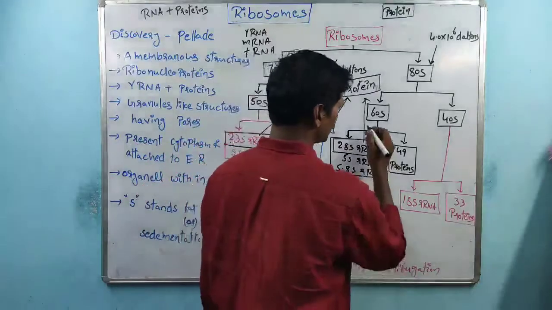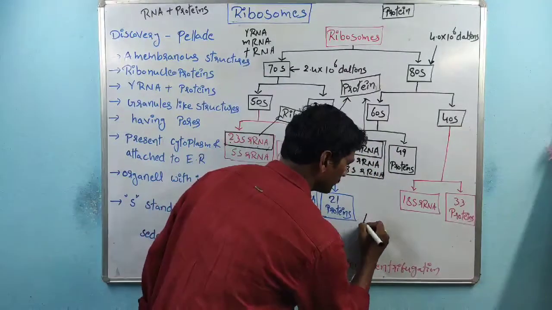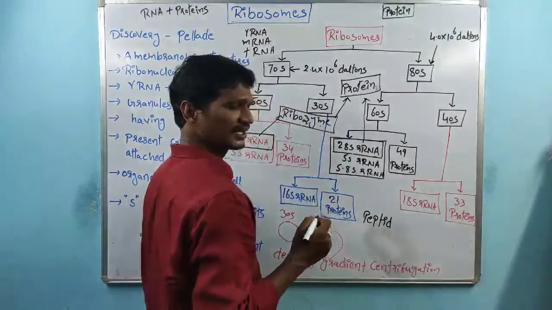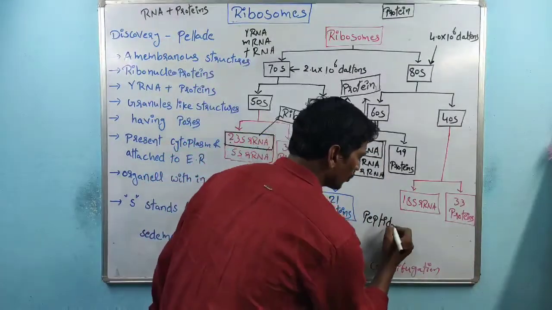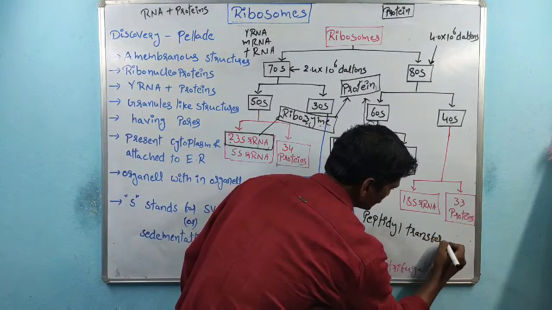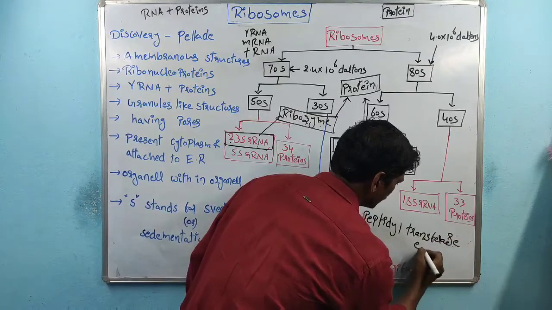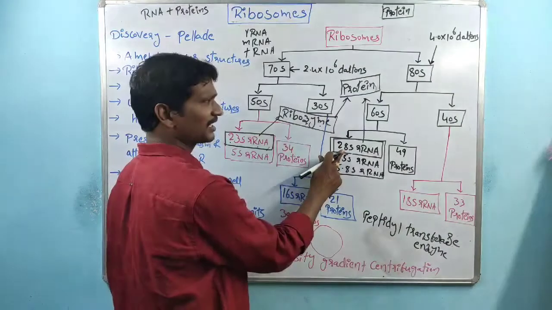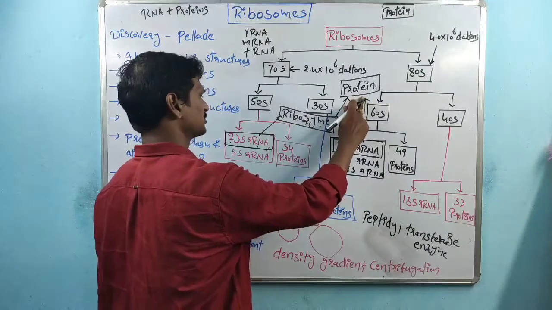In eukaryotes, it is called the peptidyl transferase enzyme. Right? So in eukaryotes, 28S rRNA is responsible for protein synthesis.